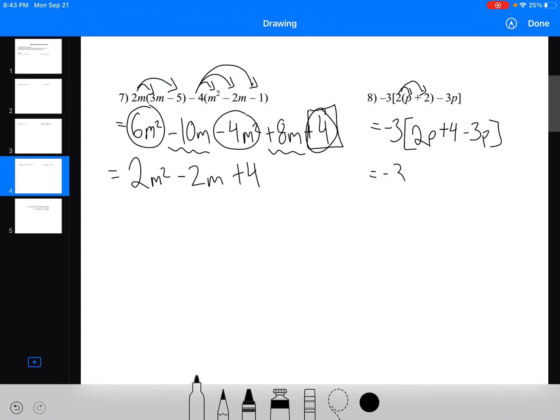Then we can collect like terms in the bracket. 2 minus 3 is going to be negative p plus 4. Then we can say that negative 3 goes here and then negative 3 goes here. So we get 3p, because a negative and a negative is a positive, minus 12. Okay, that one's a little bit longer, and there are other ways to do it, but that's the easiest.